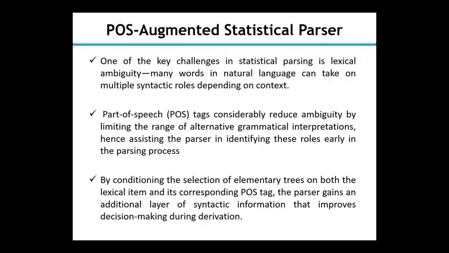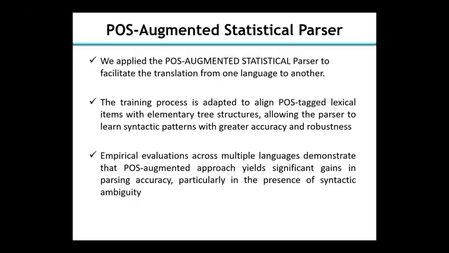These are the key challenges I have already mentioned: statistical lexical ambiguity, and part of speech tags considerably reduce the ambiguity while limiting the range of alternative grammatical representations. One word in English or any other language, one lexical item, can represent different meanings in a sentence.